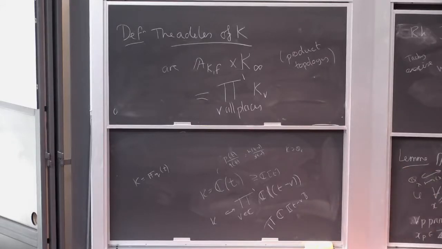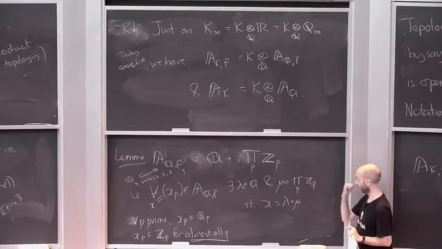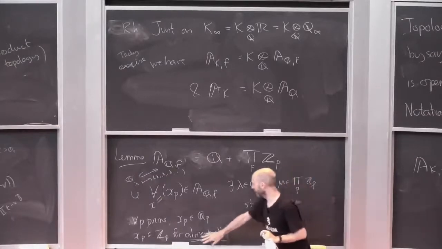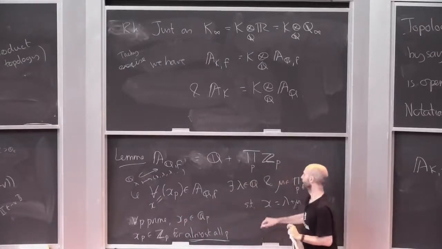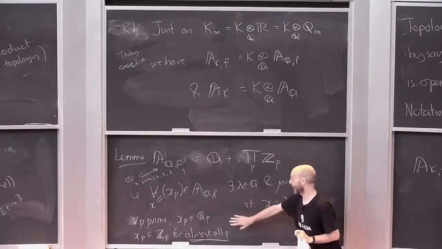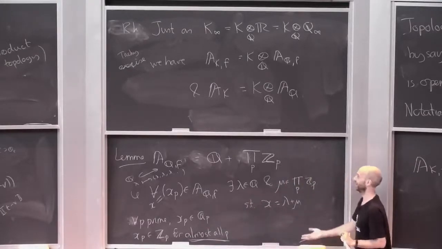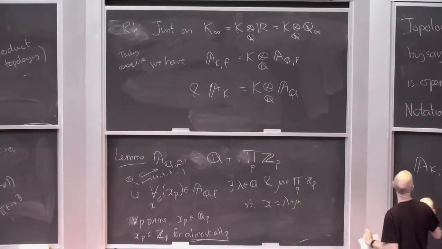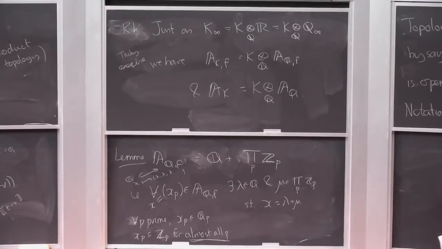This says if I've got a random adele, I can change it by a globally meromorphic function and get something which is holomorphic everywhere. So you see, this is a Riemann-Roch type problem, right? I've got a collection of local functions everywhere, and I need to find a global function that has the same poles. Okay? I'm dressing this up in geometric language because I think it's a helpful point of view.